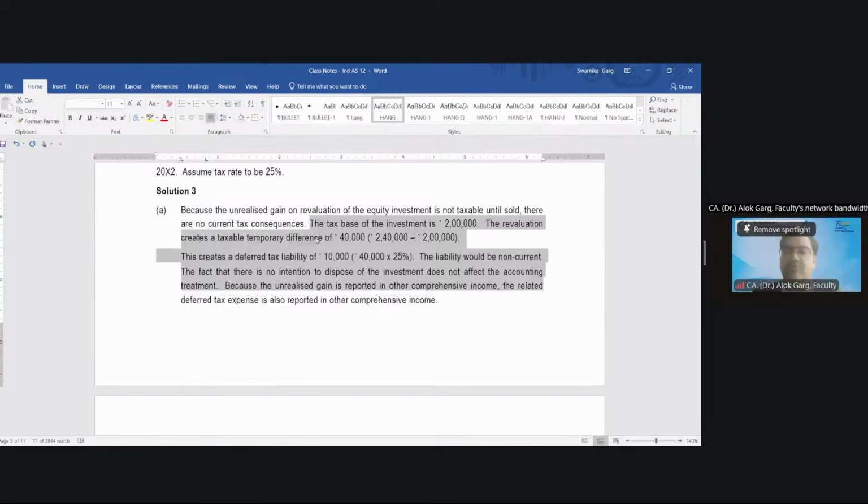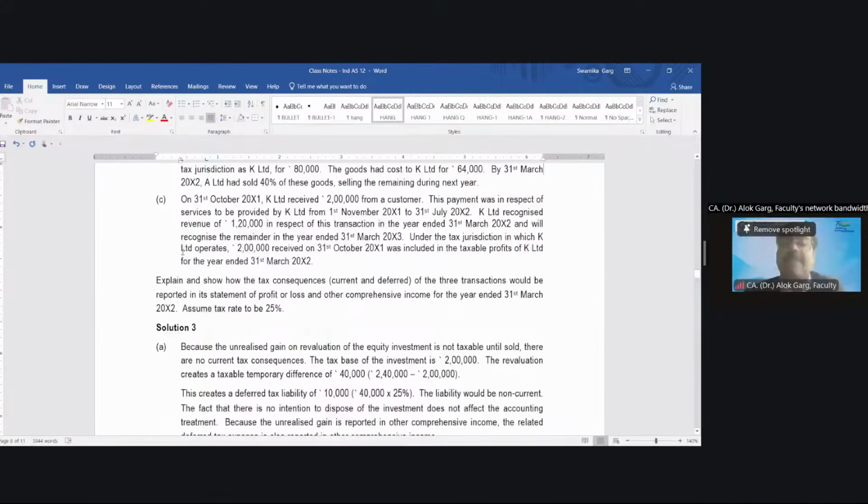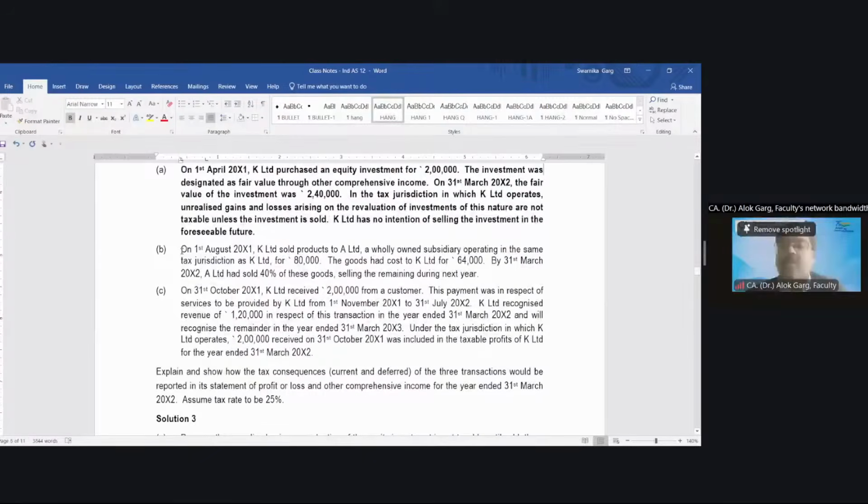B. On 1st August, K Limited sold products to A Limited, a wholly owned subsidiary operating in the same tax jurisdiction as K Limited, for 80,000. So K Limited sold the product to A Limited, which is a subsidiary of K Limited.